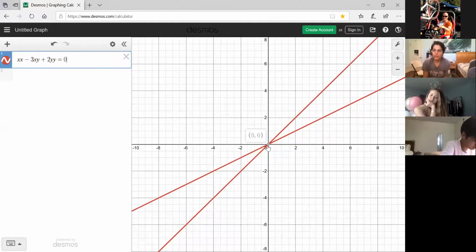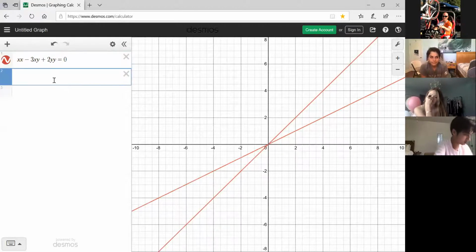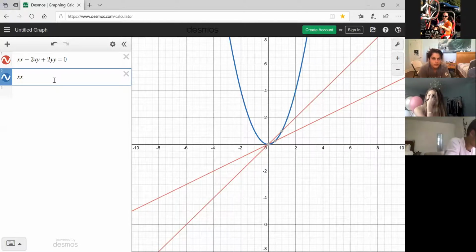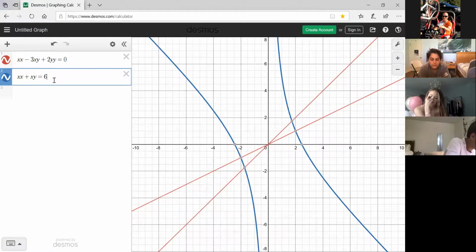It kind of looks like a hyperbola a little bit. x squared plus xy equals 6. Okay, so there's my hyperbola, but we only have a finite number of points on this thing. Interesting. Okay.